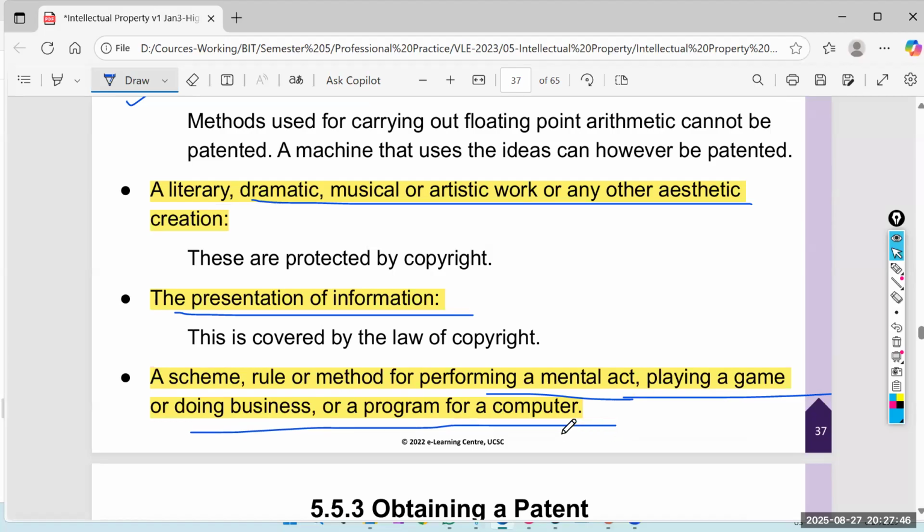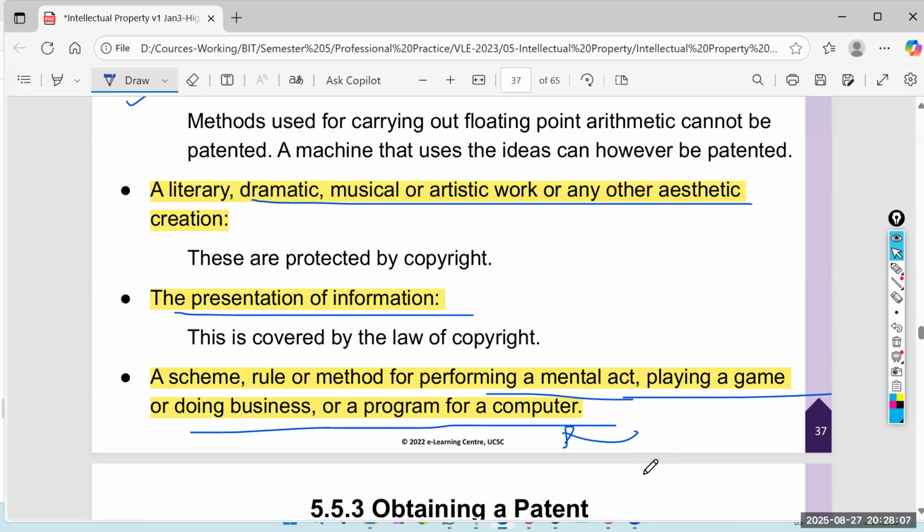That is why I told you usually programs are not given patents unless it's a very, very special case, like special algorithms for compression, image saving, and audio and video file formats.